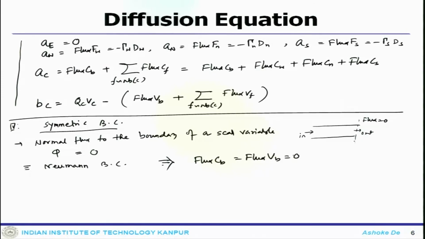So, the discretized equation can be modified for the symmetry boundary condition, again applied at the east face. This is my C, it is applied at the east face.